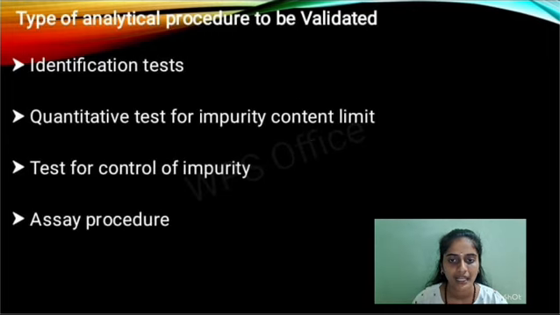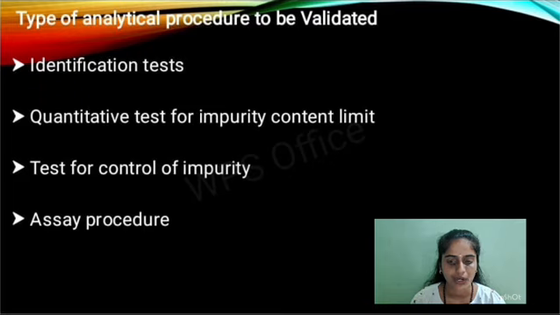Let's move on to the types of analytical procedure to be validated. Identification test: it ensures the identity of an analyte in a sample by comparing the property of the sample with standards. Quantitative test for impurity content limit: it establishes the lowest concentration of an impurity that can be accurately measured.